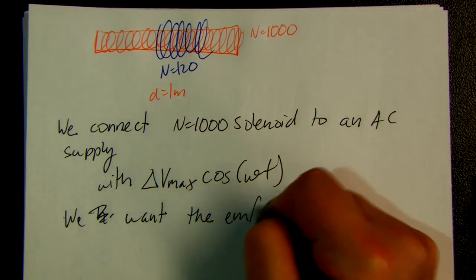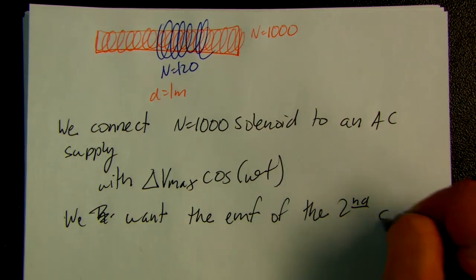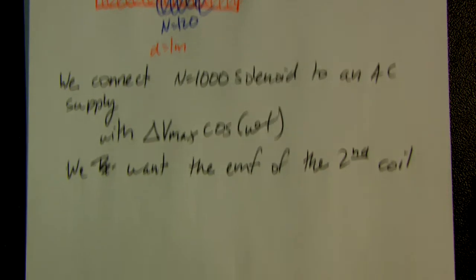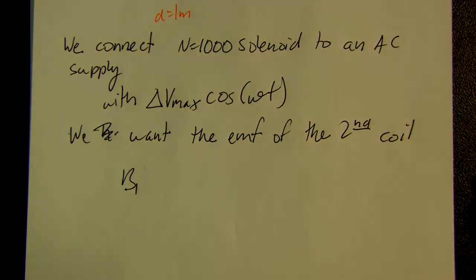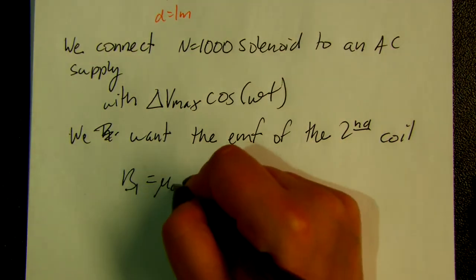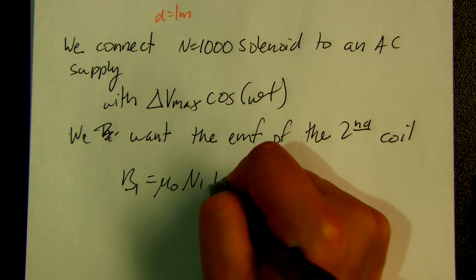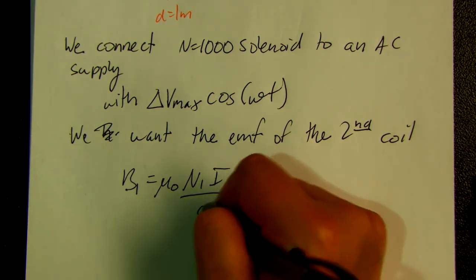We want the EMF of the second coil. So we know B1, so that's coil 1, is equal to mu naught N1 times I over D, where I is the current.